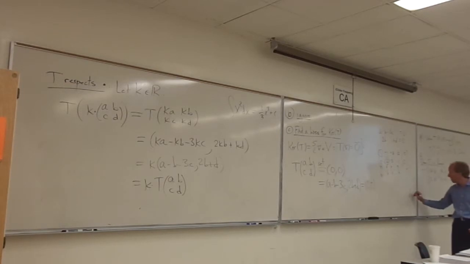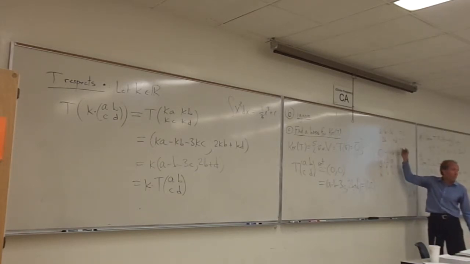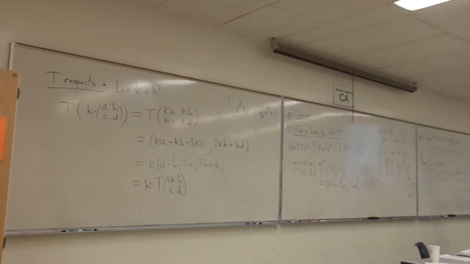D is free, I'll call it T. C is free, I'll call it R. B is not free, but I can solve for it in terms of D using the second equation. So the second equation gives -D over 2, but that's really -T over 2. And then A is not free either. A is solvable from the top line.